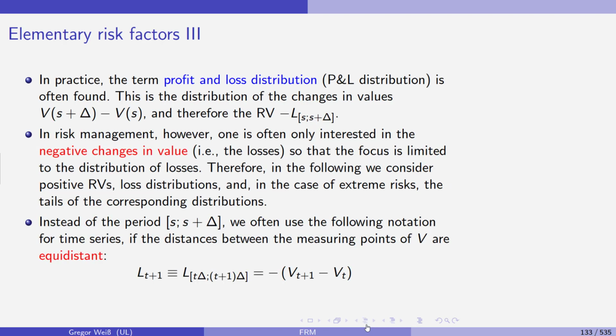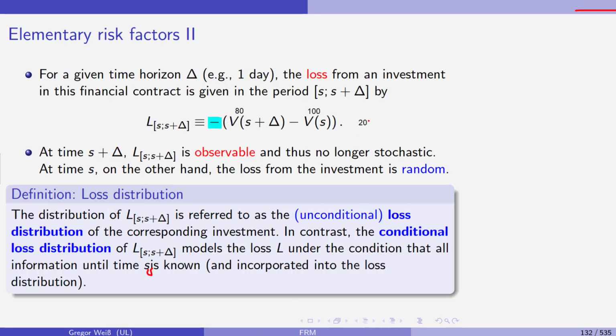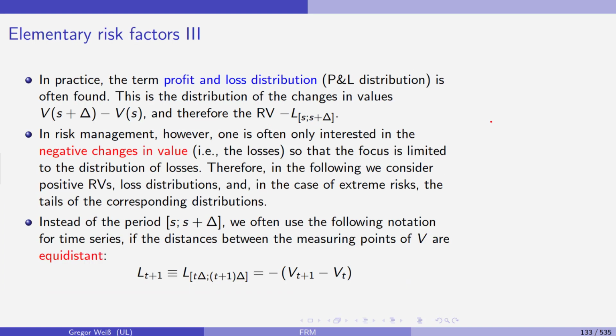Now in practice, the term P&L is often used, profit and loss distribution, because as we've seen here, this could be a loss, but if we have, let's say, 120 here, we would get a profit of minus 20. So if we take the distribution of profits and losses, we call this the P&L, the profit and loss distribution. If we censor it at 0, and we only look at losses, then we have the loss distribution.